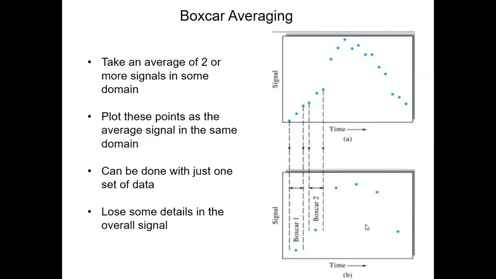That is one of the disadvantages of the boxcar averaging method. But still we can do this, because we will still be able to extract important information from the original one. So that is how we can perform boxcar averaging.